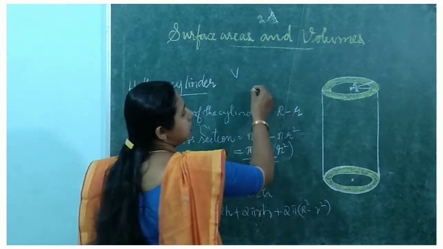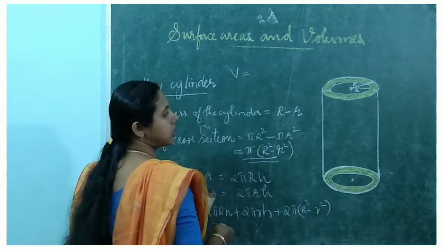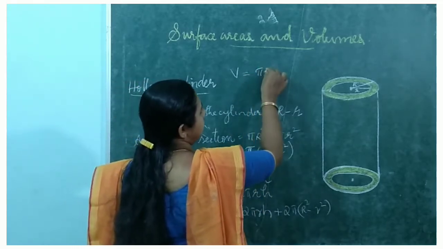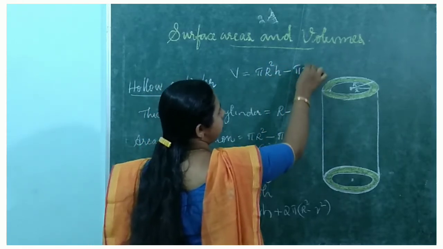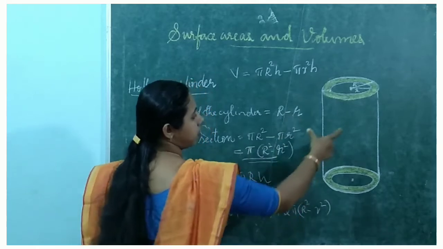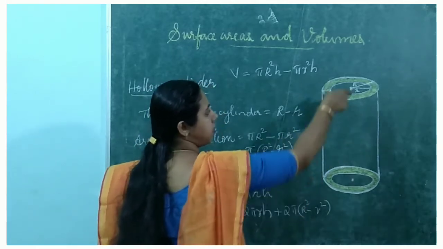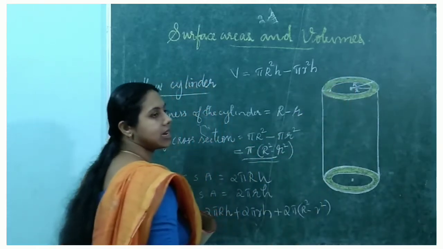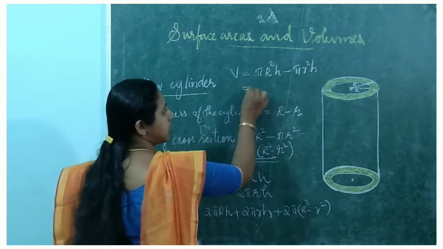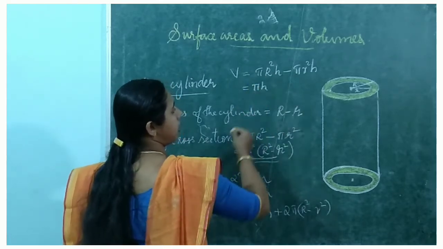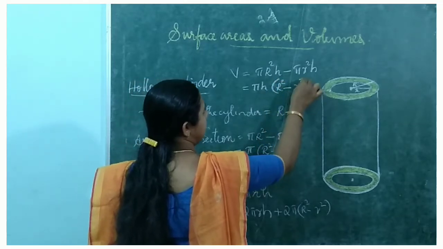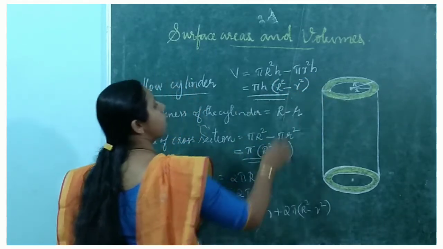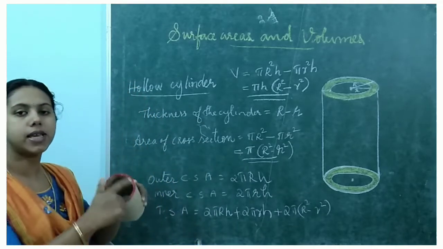So volume of hollow cylinder is equal to pi capital R square h minus pi small r square h. Volume of outer cylinder minus volume of inner cylinder. That is equal to pi h, h is common, then pi h into R square minus r square. That is the volume of hollow cylinder.